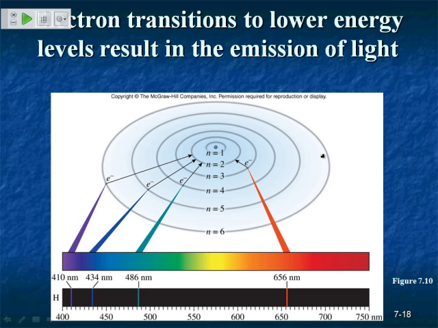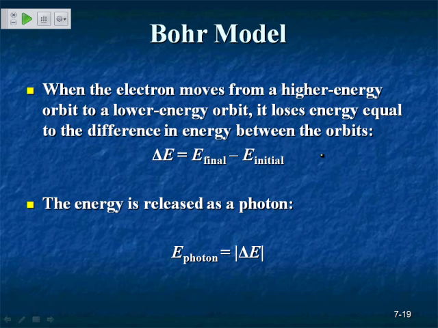Okay, that is why. So, this is what Bohr said. That is why we see only lines in line spectra, and it made sense. It was very good. So, this is again showing what we just discussed. When electrons move from a higher energy orbit to a lower energy orbit, it loses energy, which is basically E final minus E initial, where it was and where it is going, that difference.